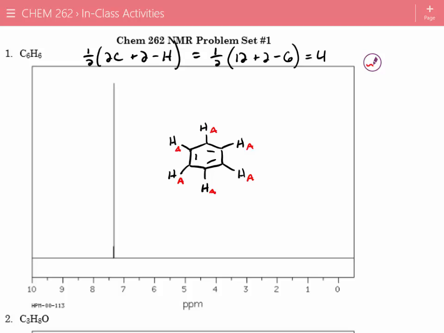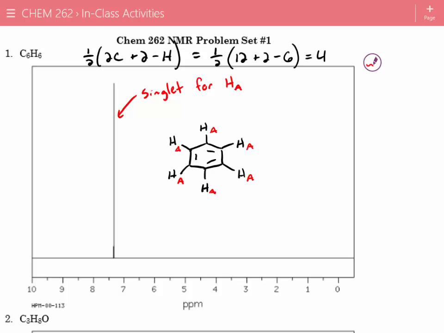So this has 0 3-bond neighbors, which means it will be a singlet for HA. Does that make sense? This requires a lot of brain power. It's like a puzzle on steroids, and these will get progressively more difficult.